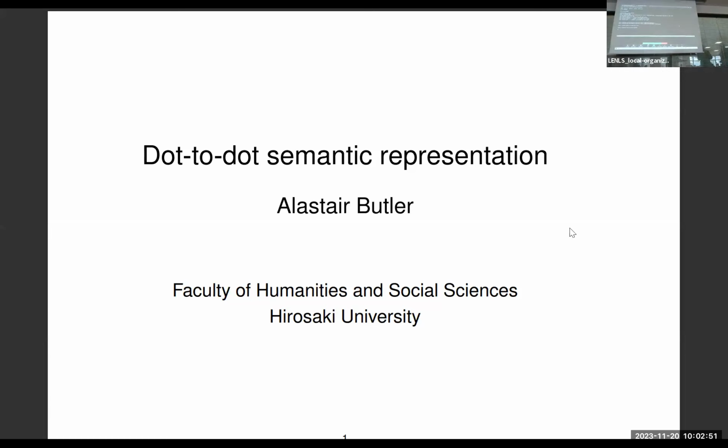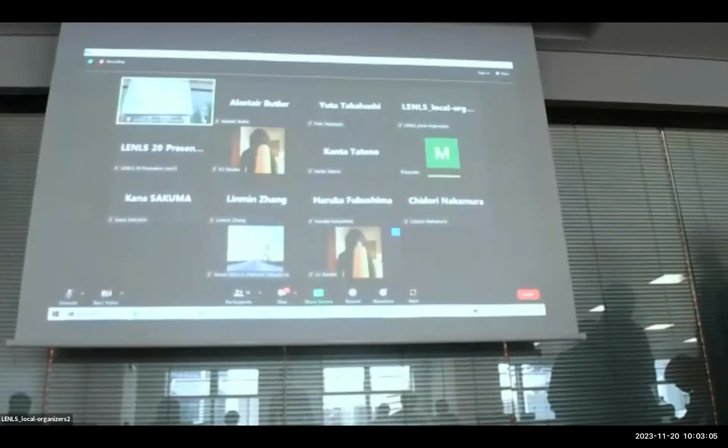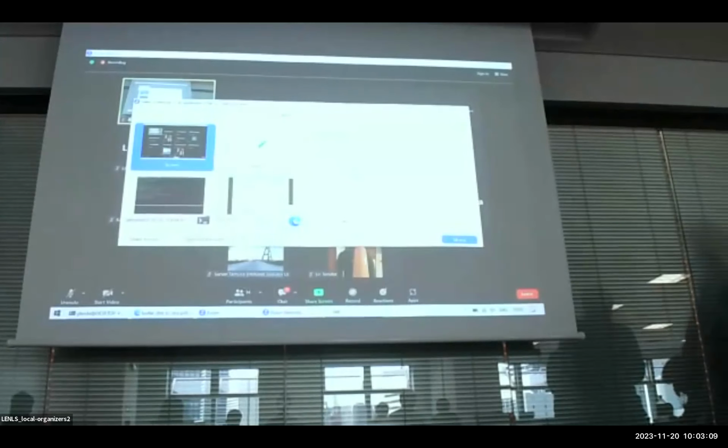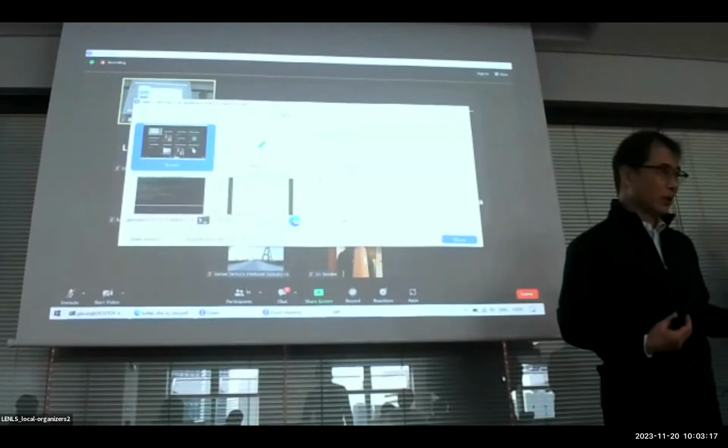So let's restart. It's not connected. Yeah, but I want to show stuff on a local server that's running on my computer. Okay, we have to do this.